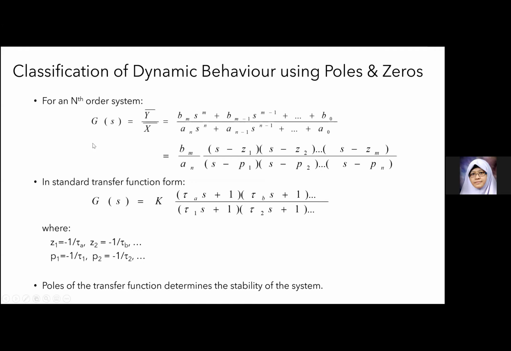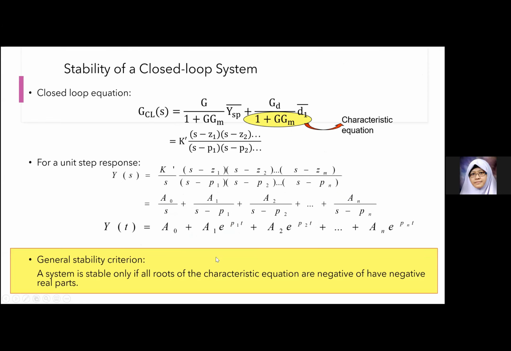Just in general, if you have the poles and the zeros, poles will determine the stability of the system. The zeros will determine the transient response, the type of response when we are changing the process, the dynamic response from one state to another. Poles will influence the final response and also the transient response, but poles will generally determine the stability of the system.